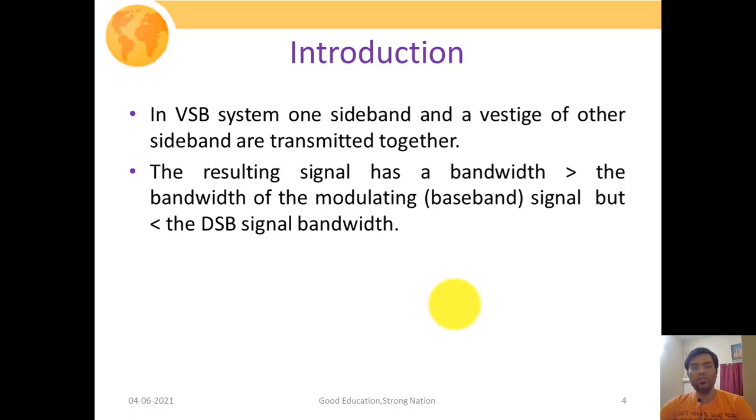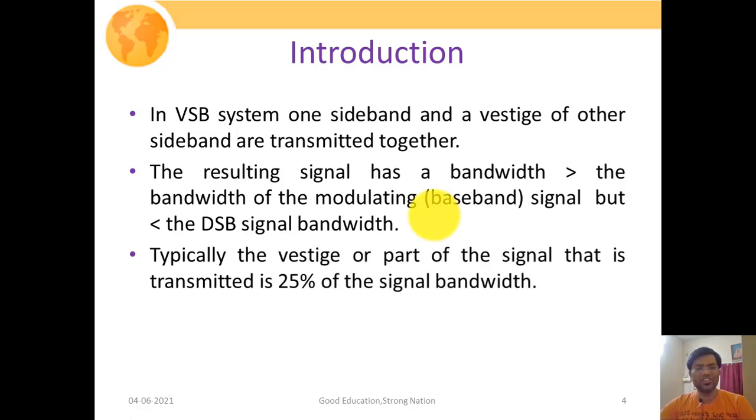So both these bands, that is your upper sideband and lower sideband, will become quite inseparable, or we could say that if we try to separate those sidebands, then we will face a loss in our received signals. So the resulting signal has a bandwidth greater than the bandwidth of the modulating signal, or you could say your baseband signal, but it is less than the DSB-SC signal bandwidth.